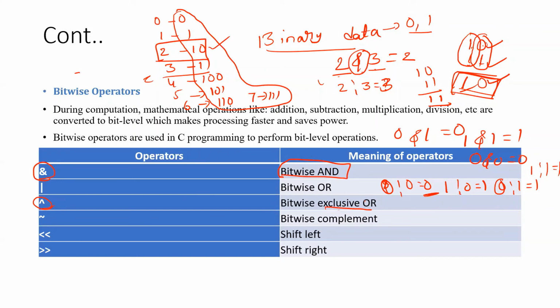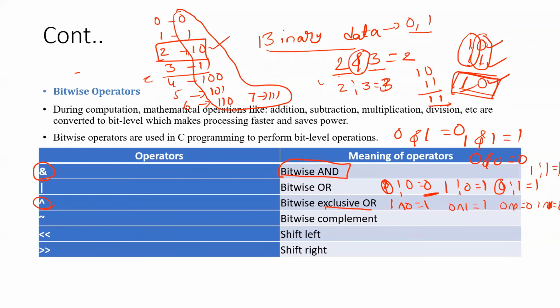If I'm applying bitwise exclusive OR, and both bits are opposite, then it will become 1. So 1 exclusive OR 0 is nothing but 1. 0 exclusive OR 1 is nothing but 1. 0 exclusive OR 0 is nothing but 0. 1 exclusive OR 1 equals 0.